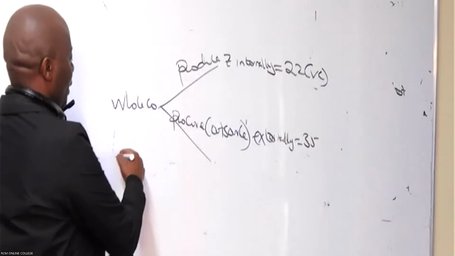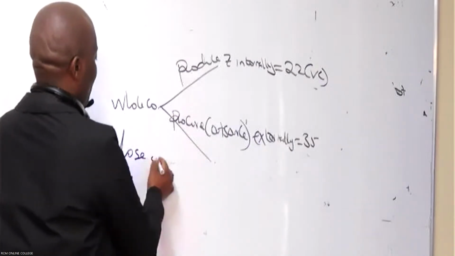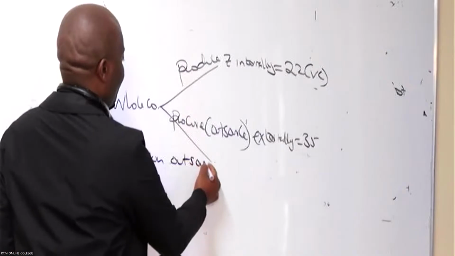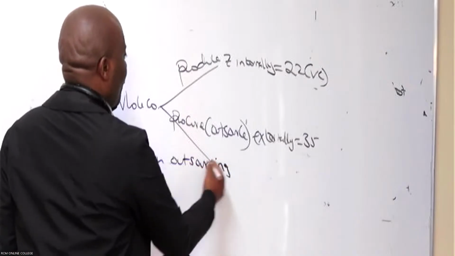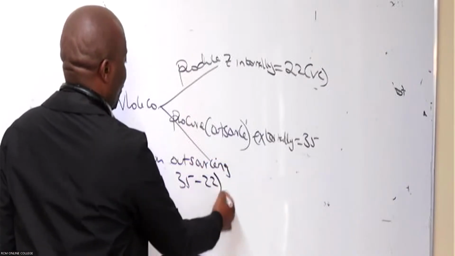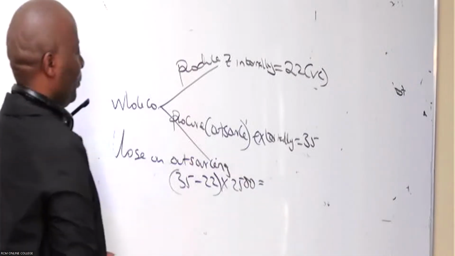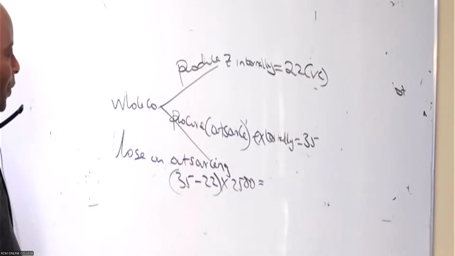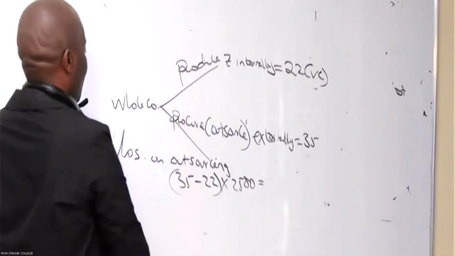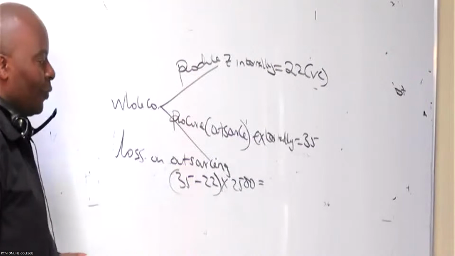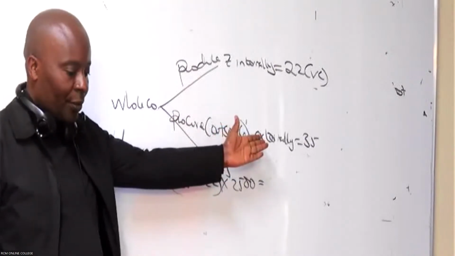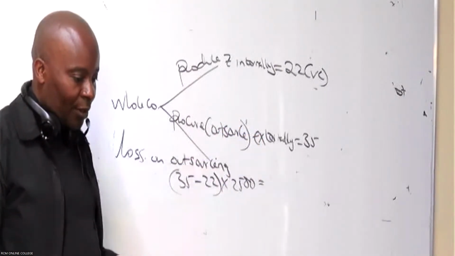So the loss on outsourcing is visible. It will be 35 minus 22 times 2,500. The loss is very visible because you can see it's a higher cost.